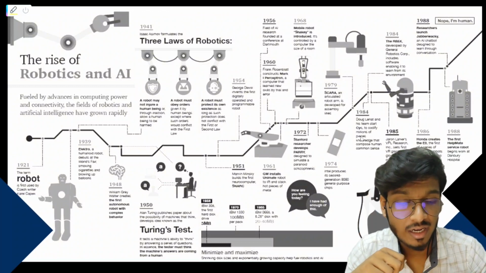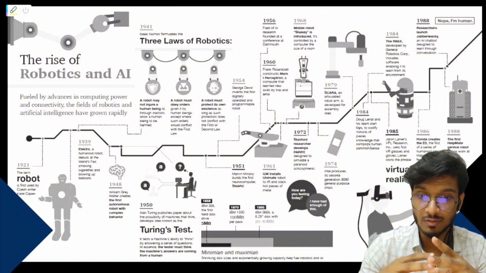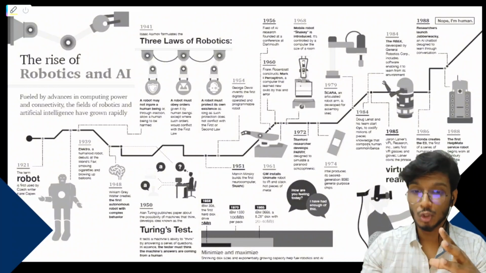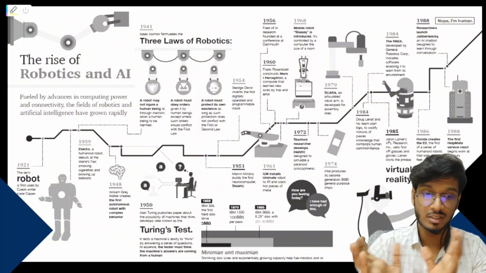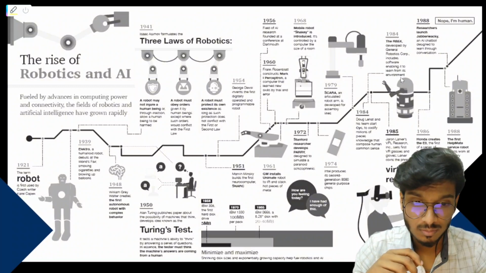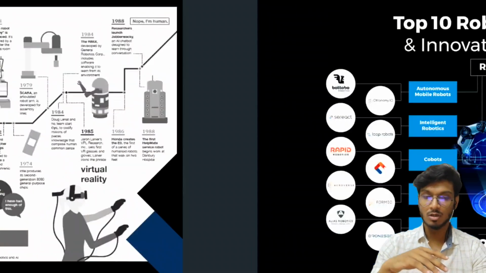Then in 1988, the first HelpMate service robot. What is a service robot? A service robot is used in multiple different industries to help humans bring items and give them to us to make the work easy. So, like this, all the different types of technologies evolved.